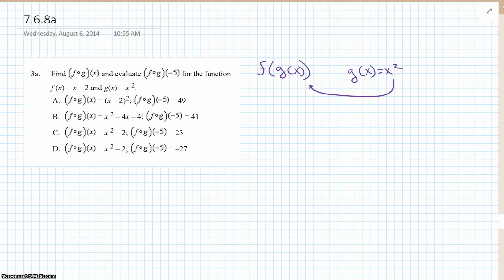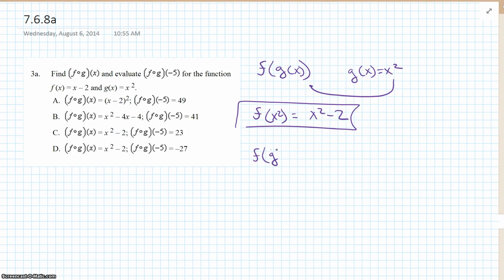So we're going to plug that value in. So we're going to evaluate the f of x squared, which is going to be x squared minus 2. Okay, and now we're going to do the f of g of negative 5.